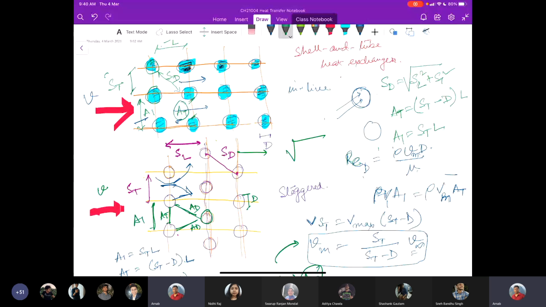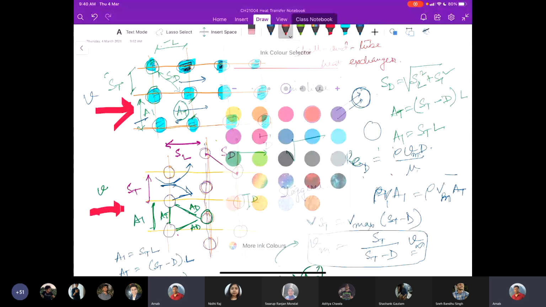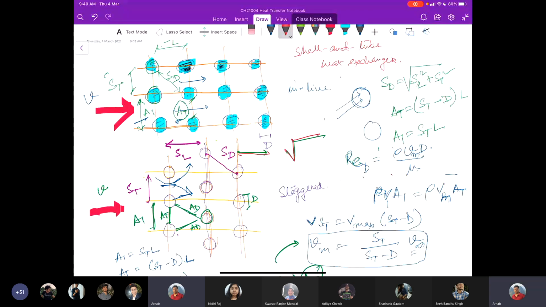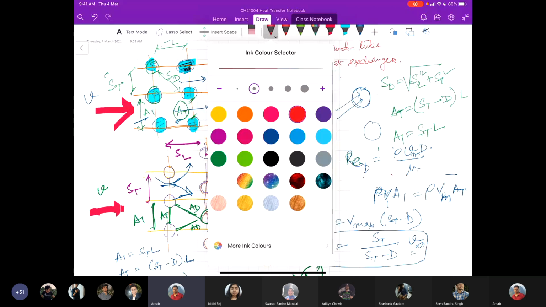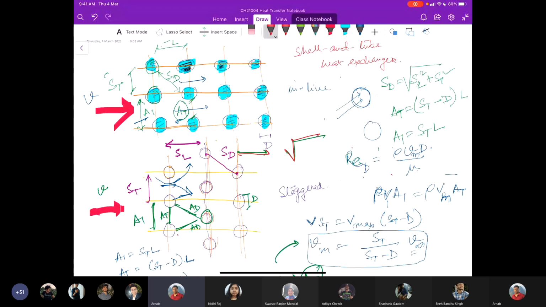So if I write it in a different color, SD would be the square root of ST square plus SL square, because the transverse thing remains the same.